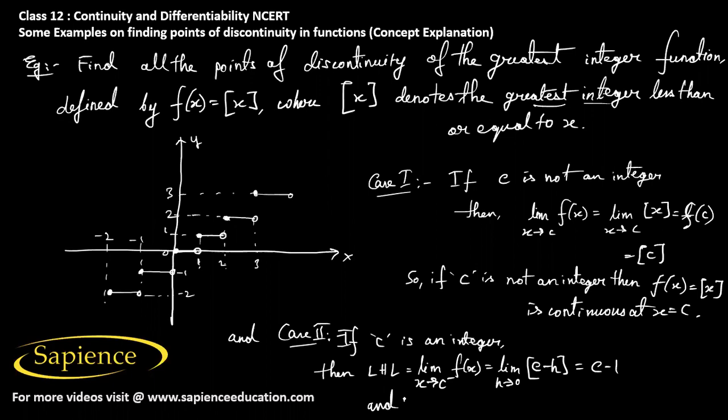And similarly the right hand limit at x equal to c, that is limit x tends to c plus f of x, that is equal to limit h tends to 0 bracket of c plus h, that will be equal to c.